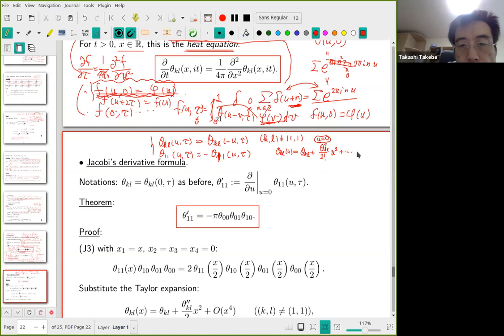Since this is an even function, there are only even powers of u, while theta 1, 1 of u has such a Taylor expansion.